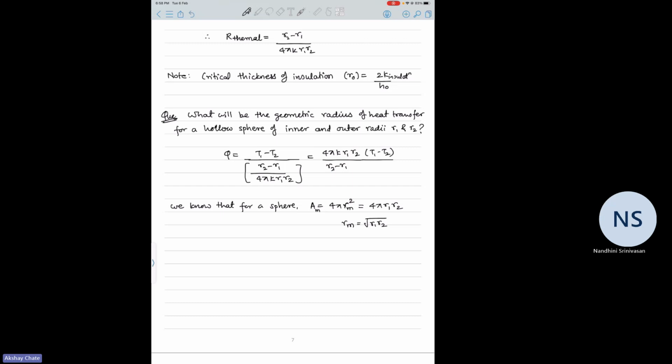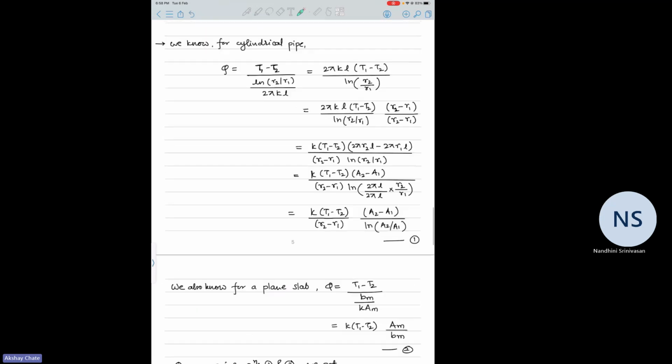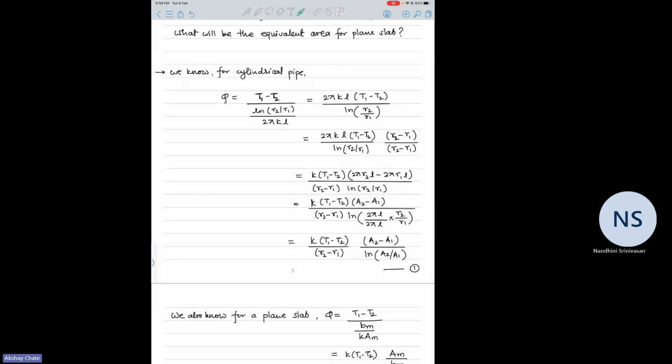But one can ask this question: what about this R2 minus R1? Typically, if you analyze the cylindrical case also, you get some area term and some length scale, which is R2 minus R1.